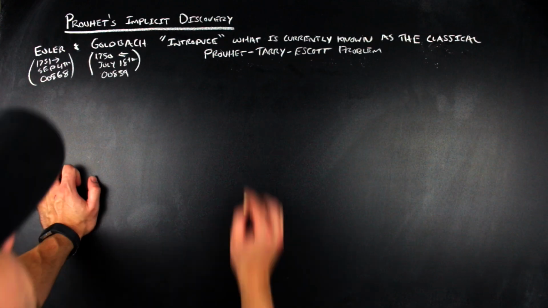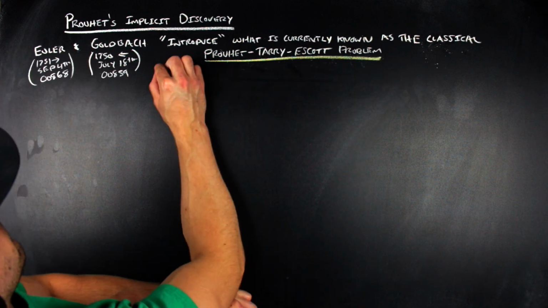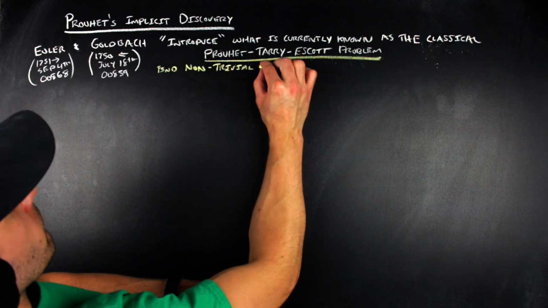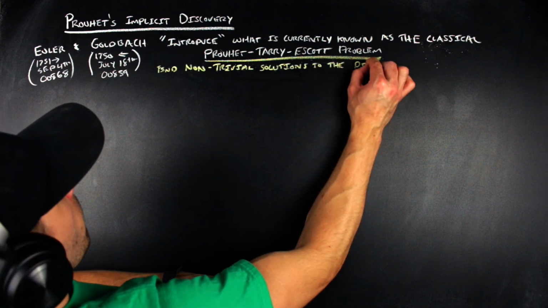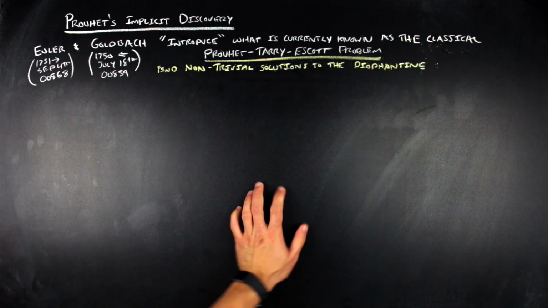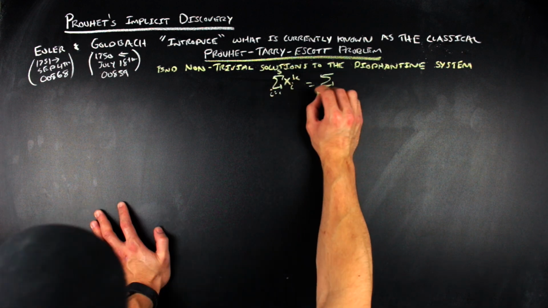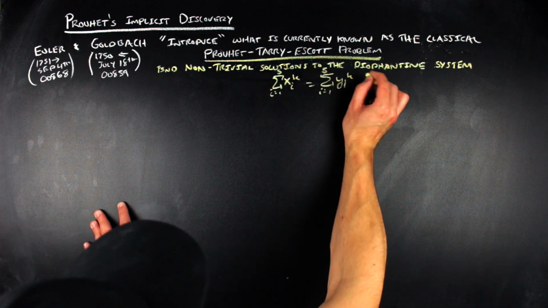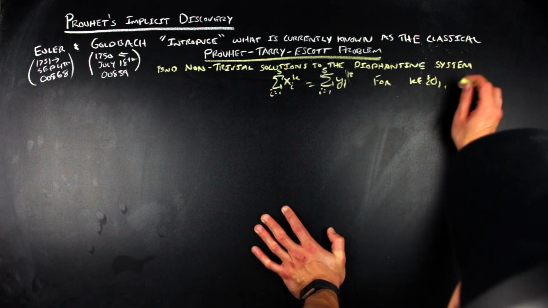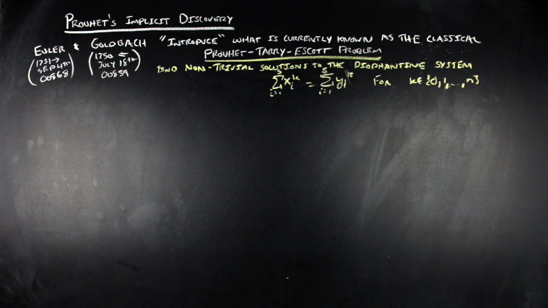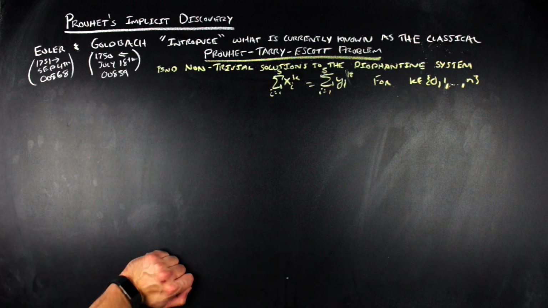Tarry and Escott don't tackle this problem until more than 50 years later, and they're looking at these problems of multigrades, or solutions to the Diophantine system: the sum from i equals 1 to s of x_i to the kth power being equal to the sum from i equals 1 to s of y_i to the kth power, for all k in the set 0, 1, 2, 3, all the way up to n.